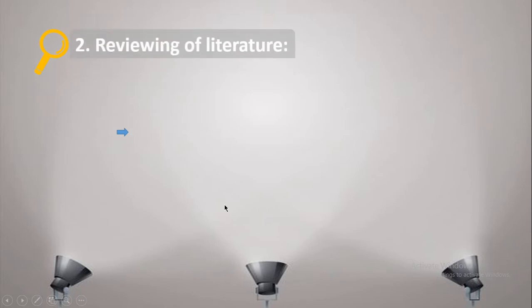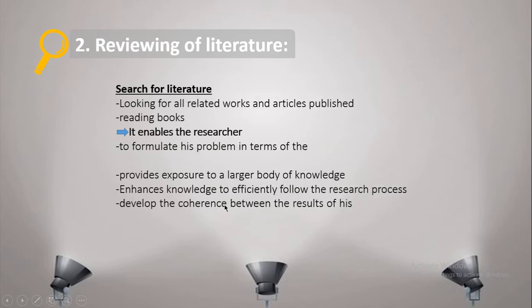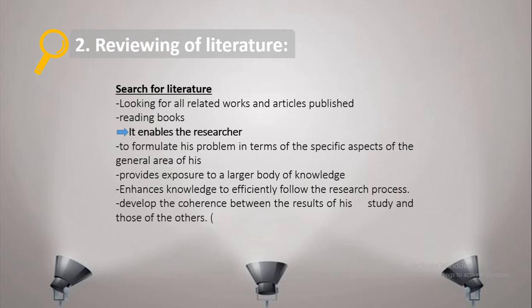The next thing is a review of literature. You need to skim through the available materials and available publications in the field in which you are going to investigate or you are going to do research.